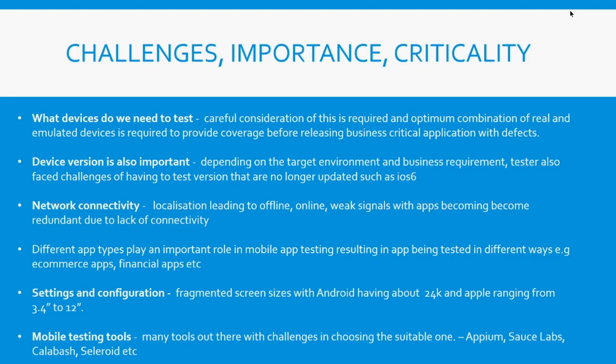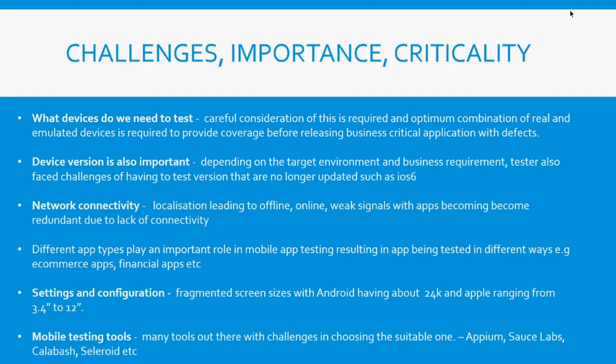One of the reasons you should do this is that emulated devices give you good coverage and a spread of device versions and operating systems, but it's also important to understand how your application will work on real devices. So you need to have a list of devices you need to test your application on.